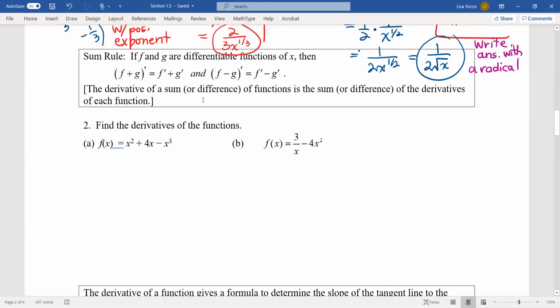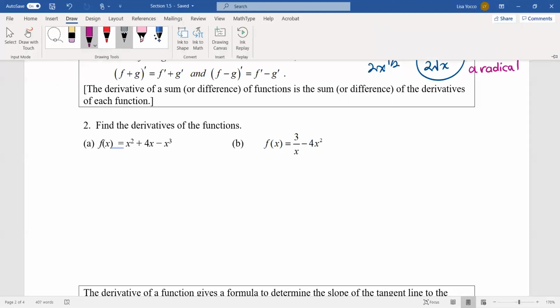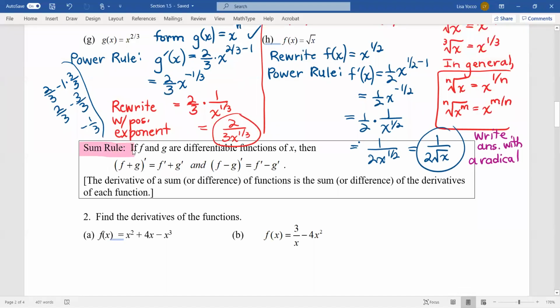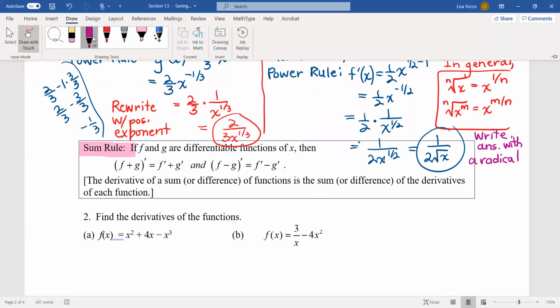This is not hard either. We are talking about the sum rule. The sum rule is the rule for finding the derivative of a sum of functions, or it could be a difference of functions.